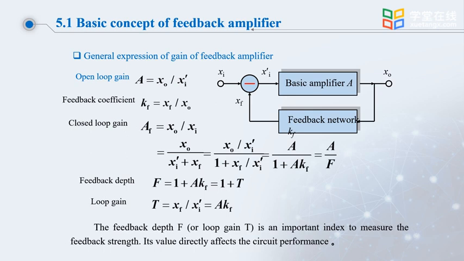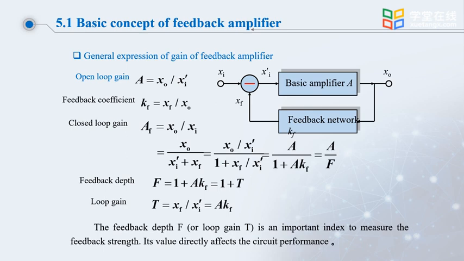So if we take A multiplied by the feedback factor KF and define a new variable, this variable is what we call F, the feedback depth. Feedback depth equals 1 plus the open loop gain multiplied by the feedback factor. The product of the open loop gain and the feedback factor we define as T. What does T equal?